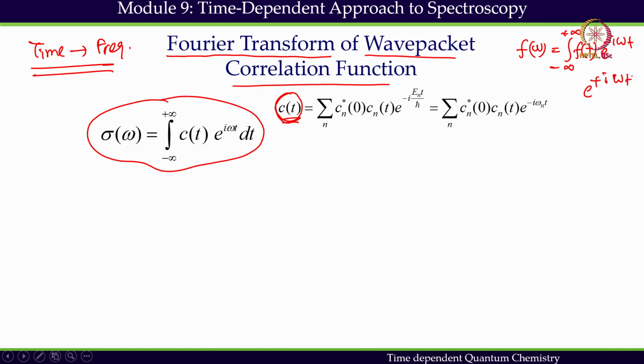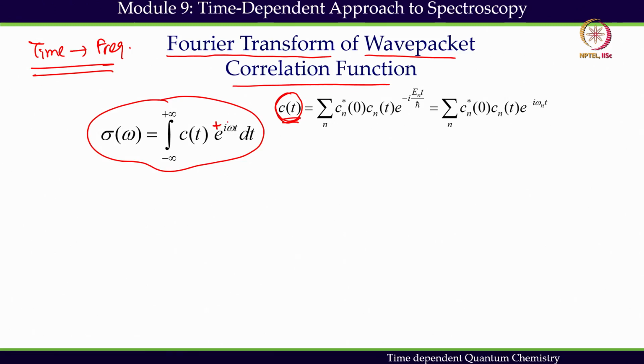On the other hand, if the time to frequency representation uses plus, then for the inverse Fourier transform from frequency to time domain we will have to use minus i omega t. So whether to use plus i omega t or minus i omega t depends entirely on the convention of the Fourier transform we are going to use, and the corresponding inverse Fourier transform has to be selected accordingly. So here we are considering plus i omega t.